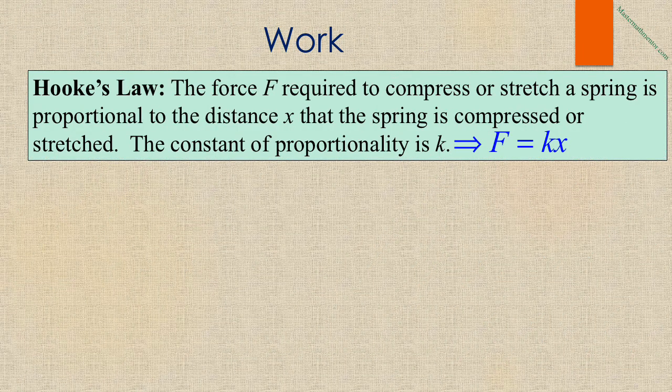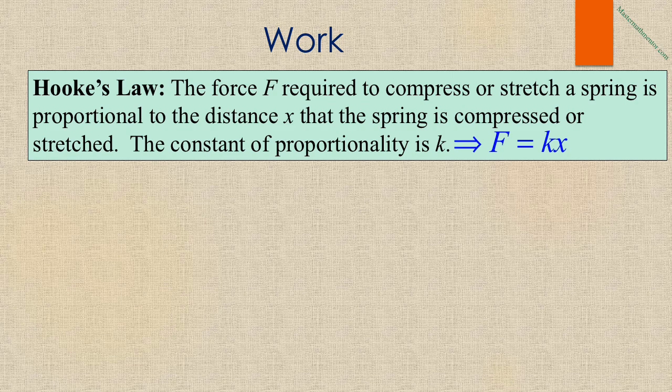Our first example in work done by moving an entire object part of the distance is stretching or compressing a spring. This is governed by Hooke's law that states that the force F required to compress or stretch a spring is proportional to the distance x that the spring is compressed or stretched.